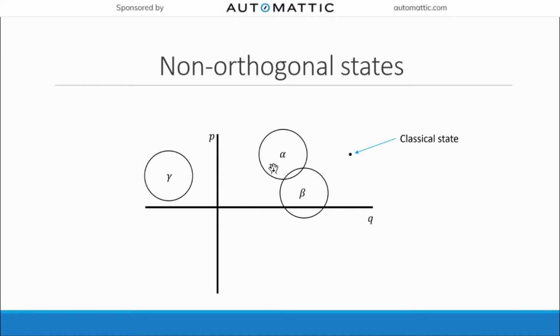So this is the quantumness, the quantum characteristic of the quantum states, that they are not only described by points in this kind of description, but by circles. So with another circle, another state, we can see also with this circle there is overlap.